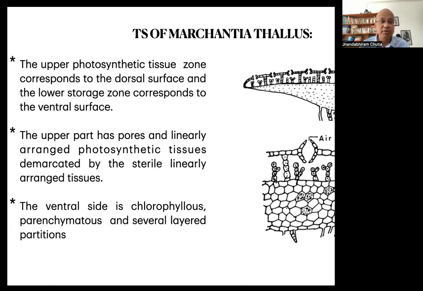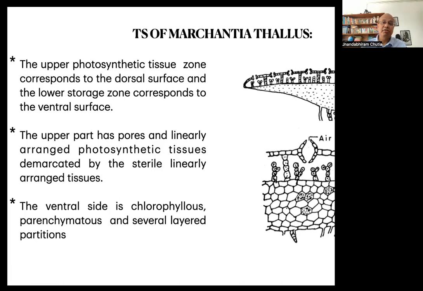The upper part has pores, and these have linearly arranged, somewhat dichotomously branched photosynthetic tissues, demarcated by sterile linearly arranged cells. The ventral side of the tissues will be chlorophyllous, parenchymatous, and will have several layered partitions.